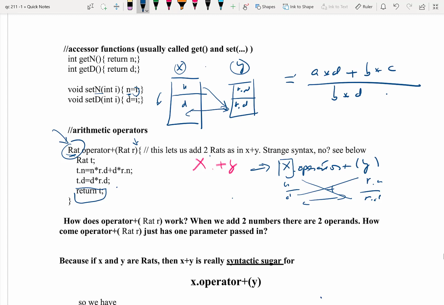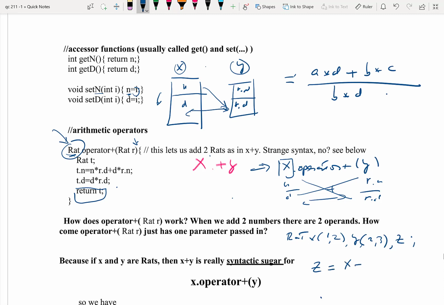So I can say something like this in my main program. I have a rat x, which is 1/2. I have a rat y, which is, let's say, 2/3. And I have a rat z. I'm going to say z is equal to x plus y. We haven't done an assignment yet, but let's assume we can do that.